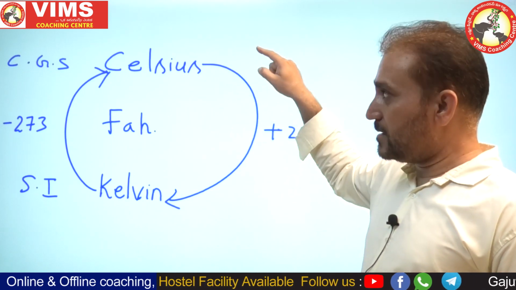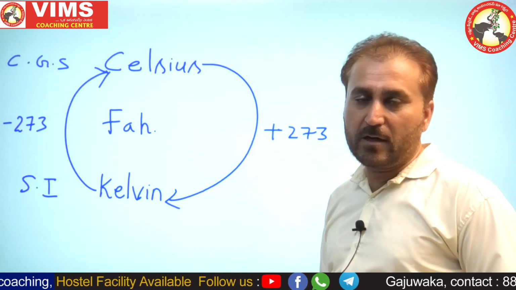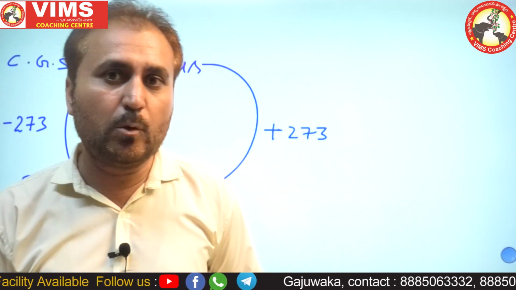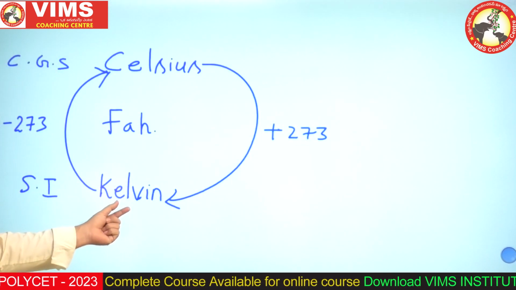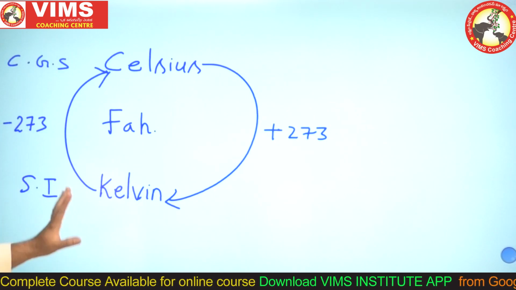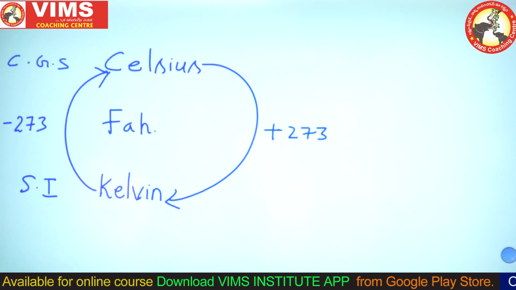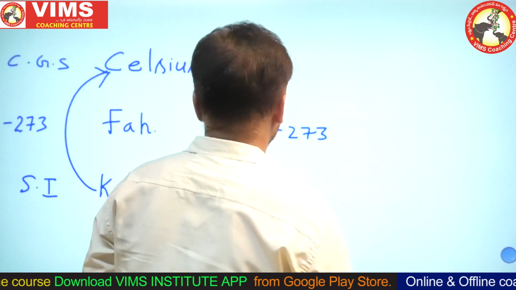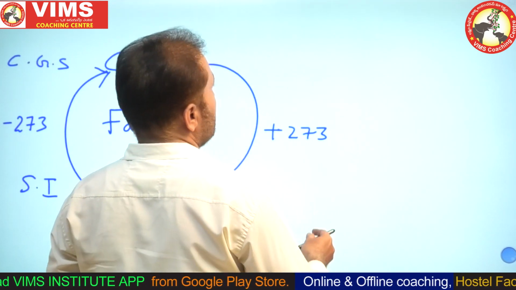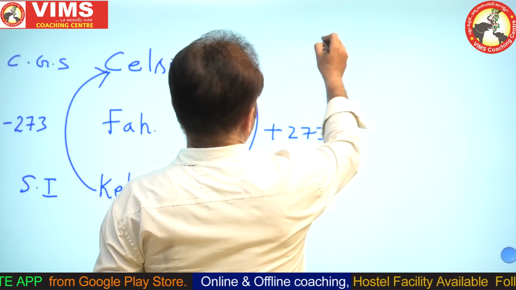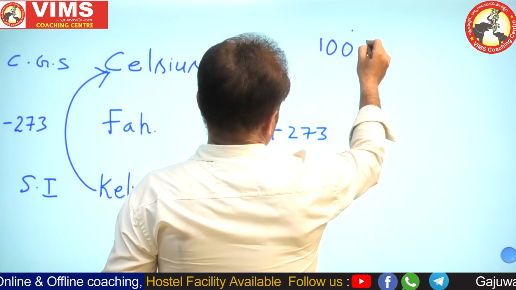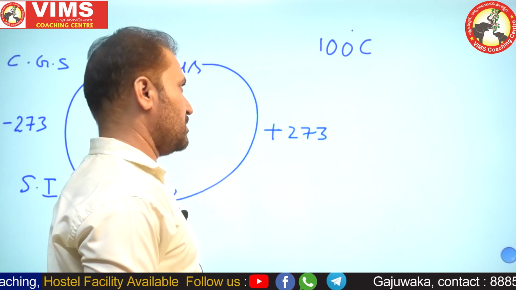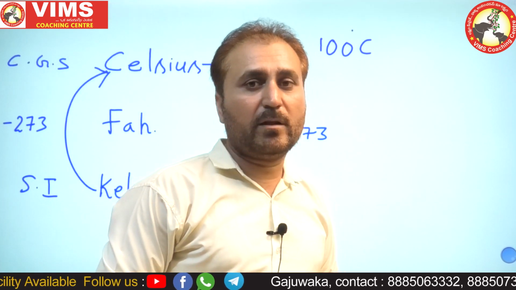Please remember this cycle. If the temperature is given in Celsius and you want to convert it into Kelvin, you need to add plus 273, and when you convert temperature from Kelvin to Celsius, minus 273. Let us take one example. For example, if the boiling point of water is 100 degrees Celsius, then what is the boiling point of water in Kelvin scale?